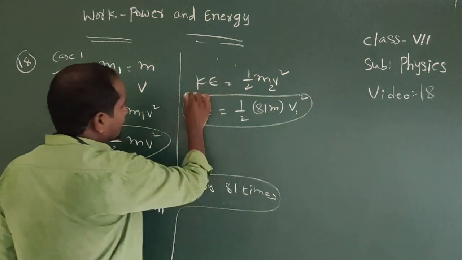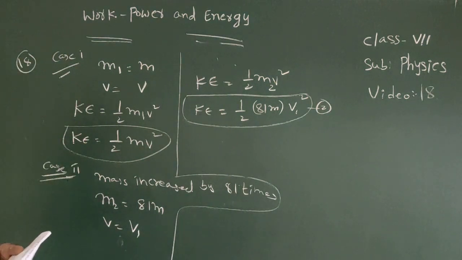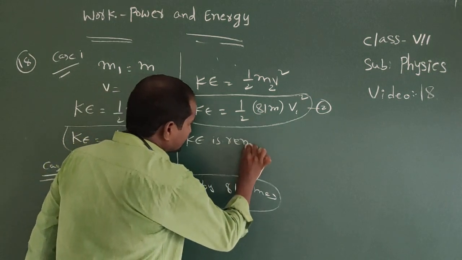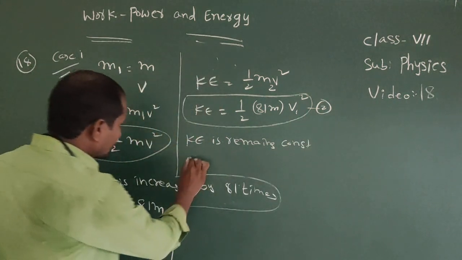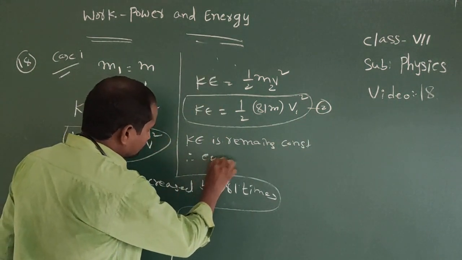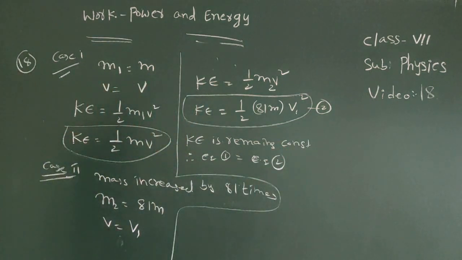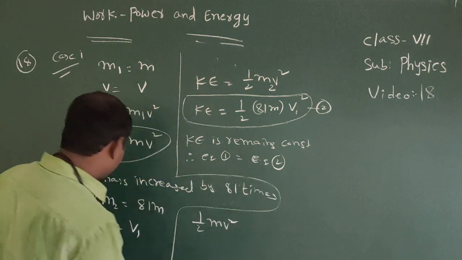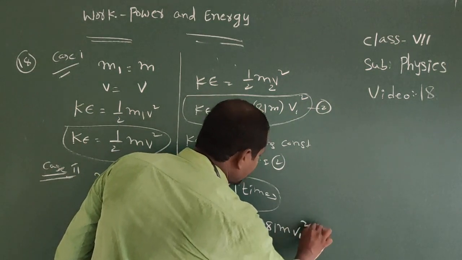But from the given data, kinetic energy remains constant. Therefore equation number 1 is equal to equation number 2. So we can write half into m into v square is equal to half into 81 m into v1 square.